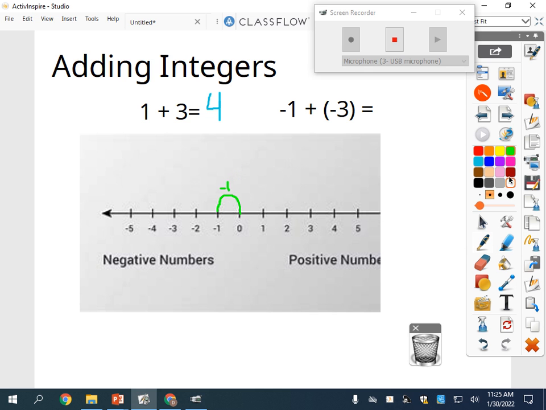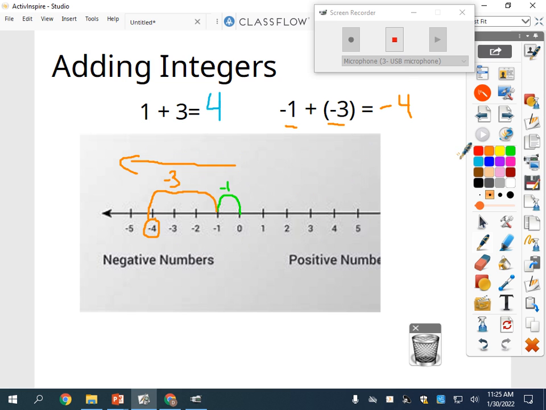Now I'm going to add to it negative 3. So I go negative 1, negative 2, negative 3. And I land on negative 4. So this represents negative 1, this represents negative 3, and notice I'm always going in the same direction, the negative direction, because these are both negative numbers. So my answer would be negative 4.